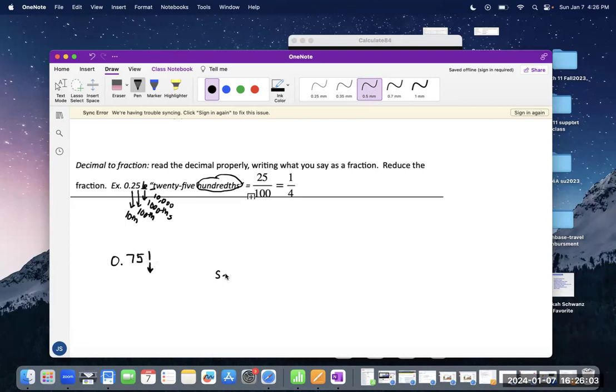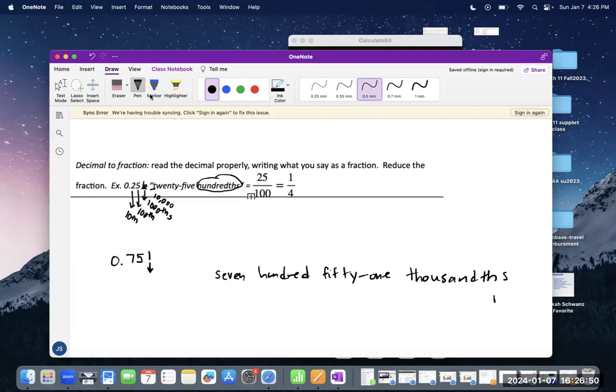So 751, and then we would say thousandths place.